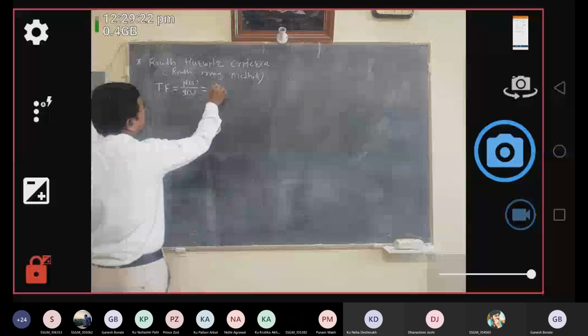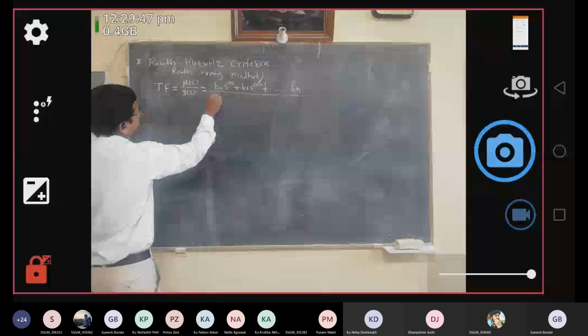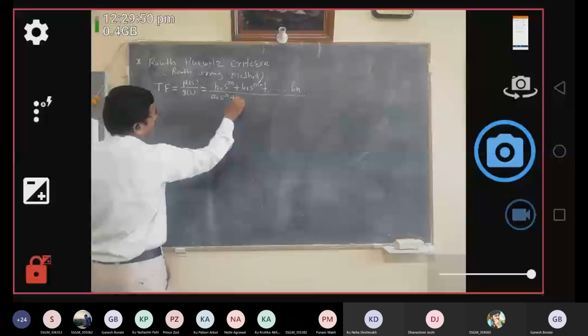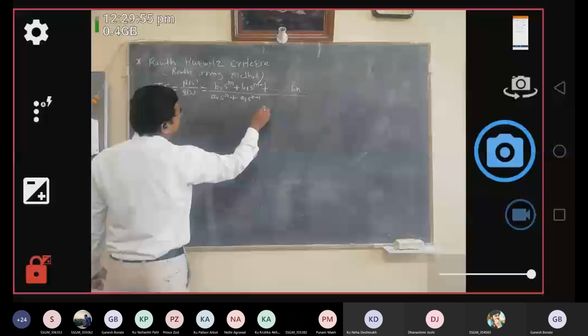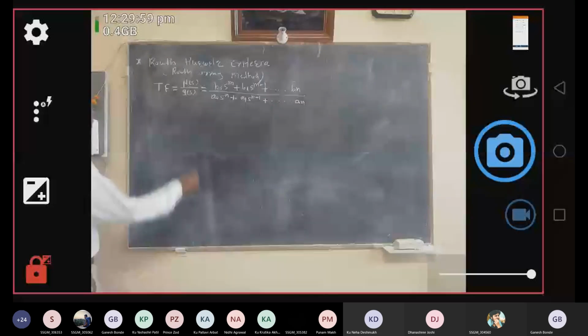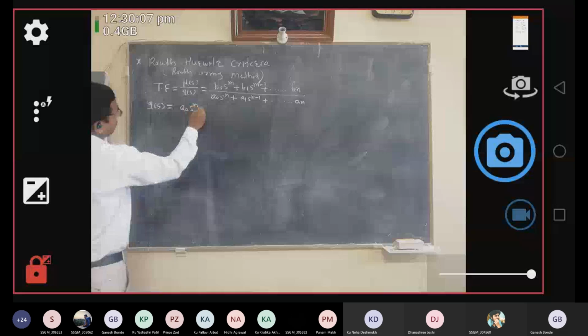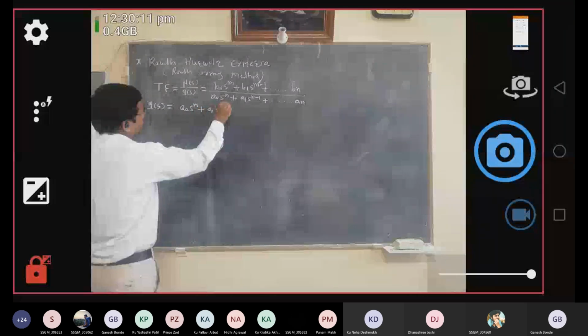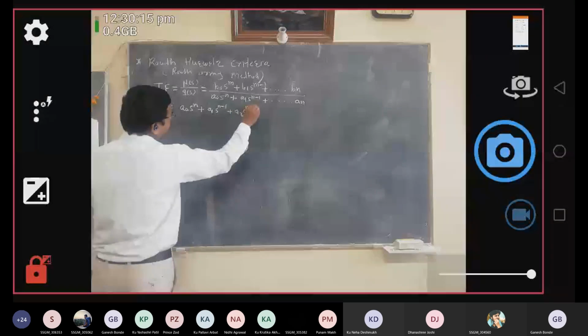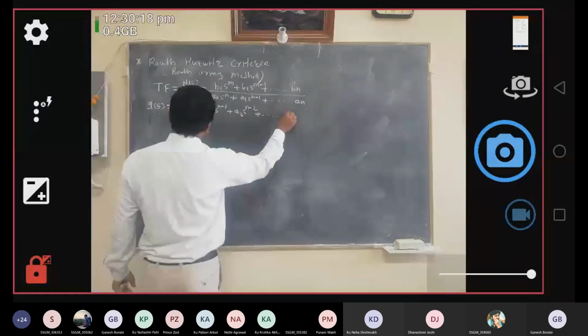In general it will be given by b0 s raised to m plus b1 s raised to m minus 1 plus and so on up to bn, upon the characteristic equation a0 s raised to n plus a1 s raised to n minus 1 plus a2 s raised to n minus 2 plus and so on up to an.